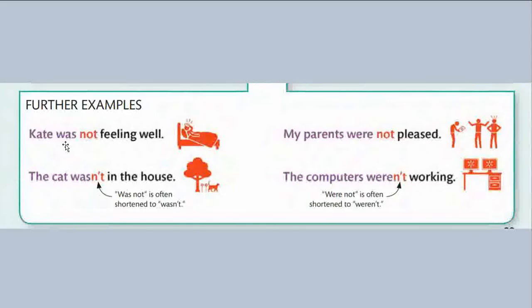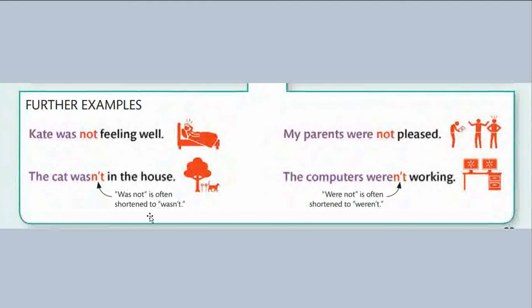Further examples: Kate was not feeling well. Kate is the subject. Here, was is an auxiliary, and not feeling well, feeling is the verb over here. So, not is inserted soon after the auxiliary. Was not can be contracted as wasn't. The cat wasn't in the house.